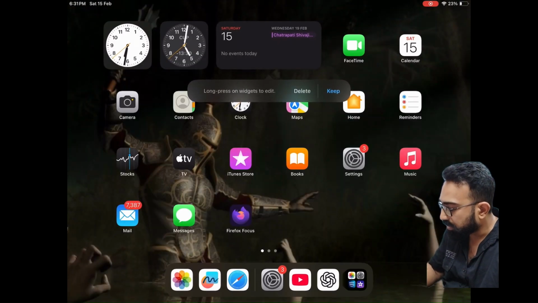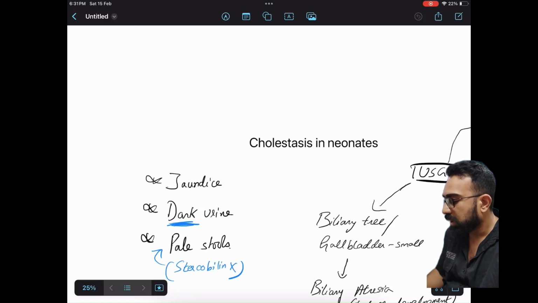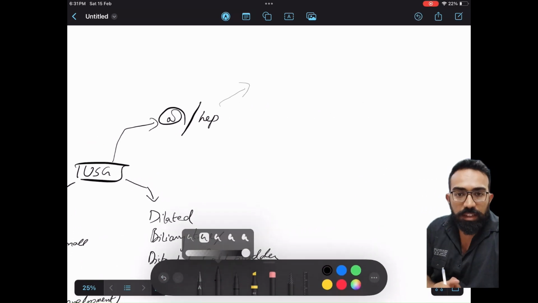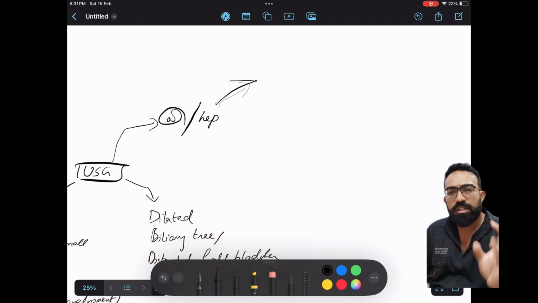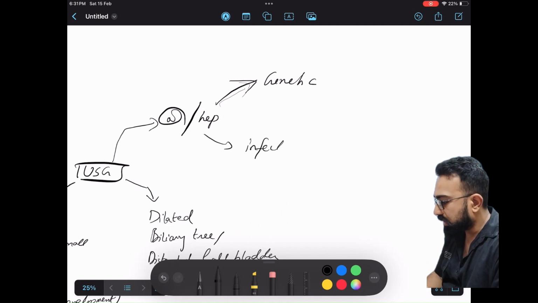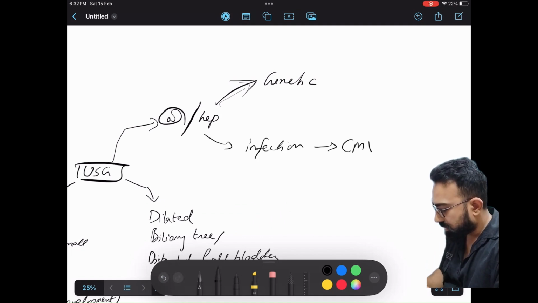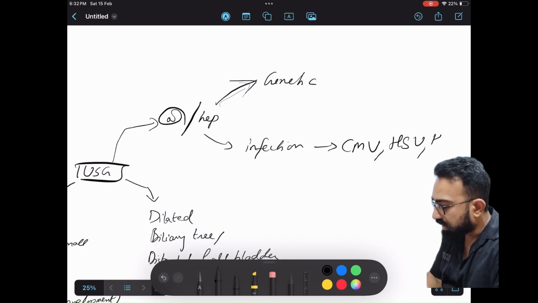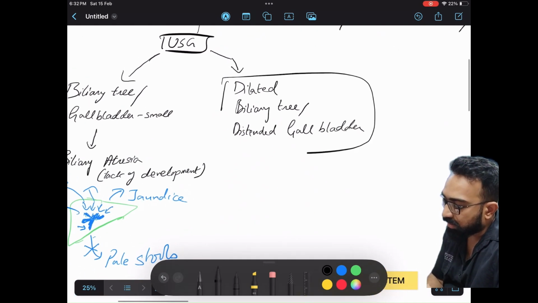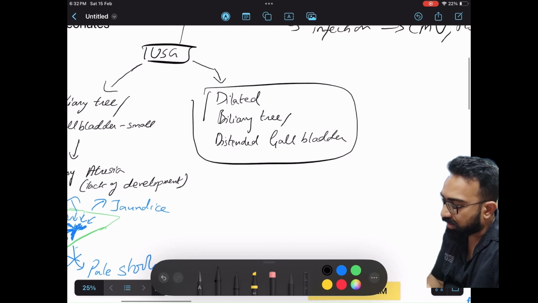There is also a third possibility, that everything in the ultrasound is normal, or there is just hepatomegaly and the biliary tree is normal. In such a case, the underlying cause is either genetic or infectious, like cytomegalovirus, herpes simplex virus, HIV, and so on.